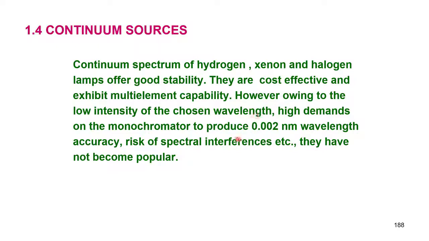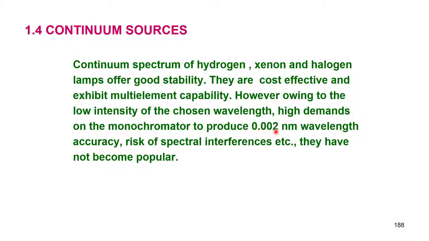So, if you take a look at this slide, you will see the low intensity of the chosen wavelength, corresponding to hydrogen and halogen lamps, not xenon. The intensity would be low, so there are high demands on the monochromator. Monochromator performance should be extremely good. What should it produce?